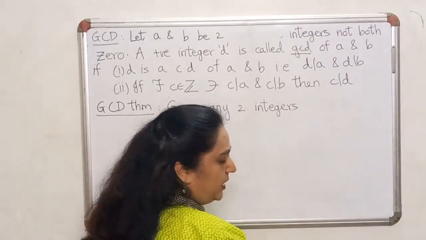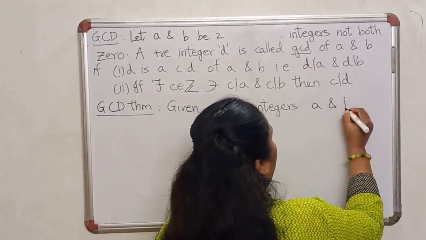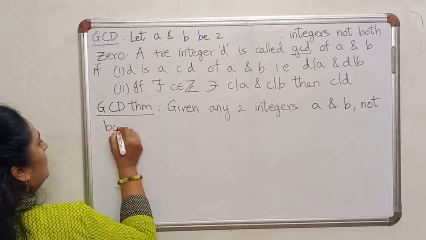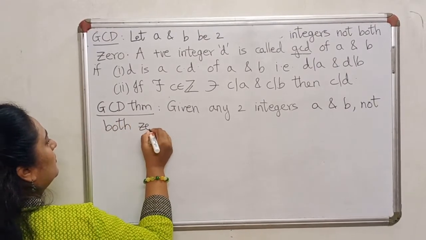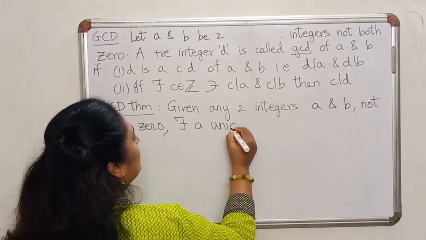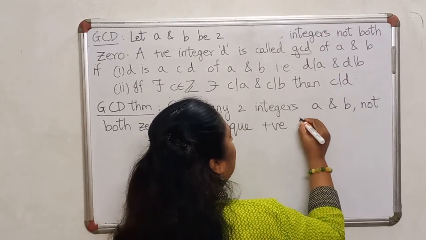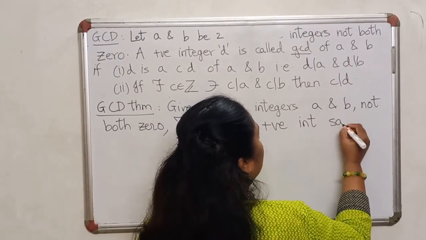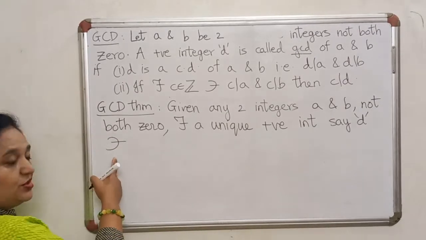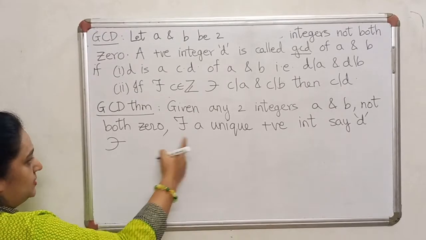Given any two integers A and B, not both 0, there exists a unique positive integer, say D, such that, by the way, this notation that I use for is such that, and this is there exists.